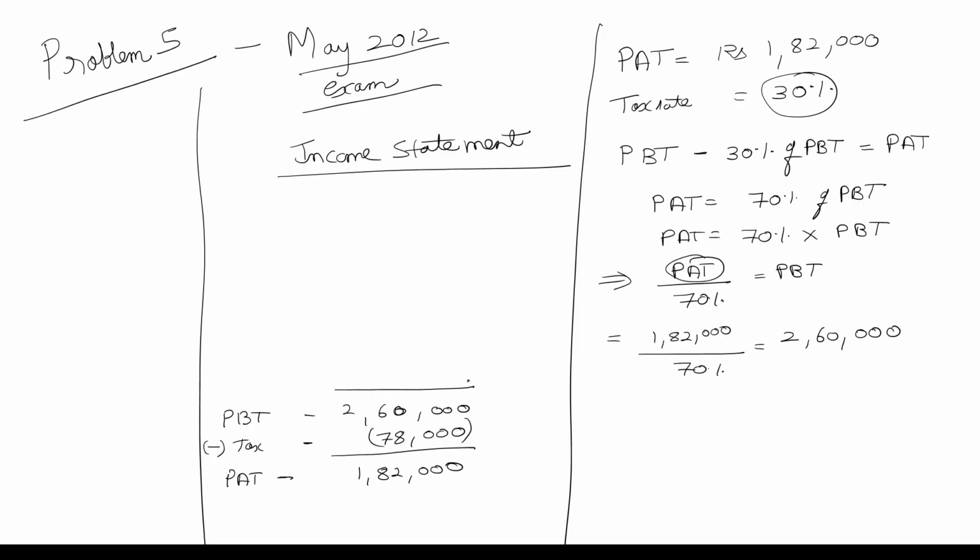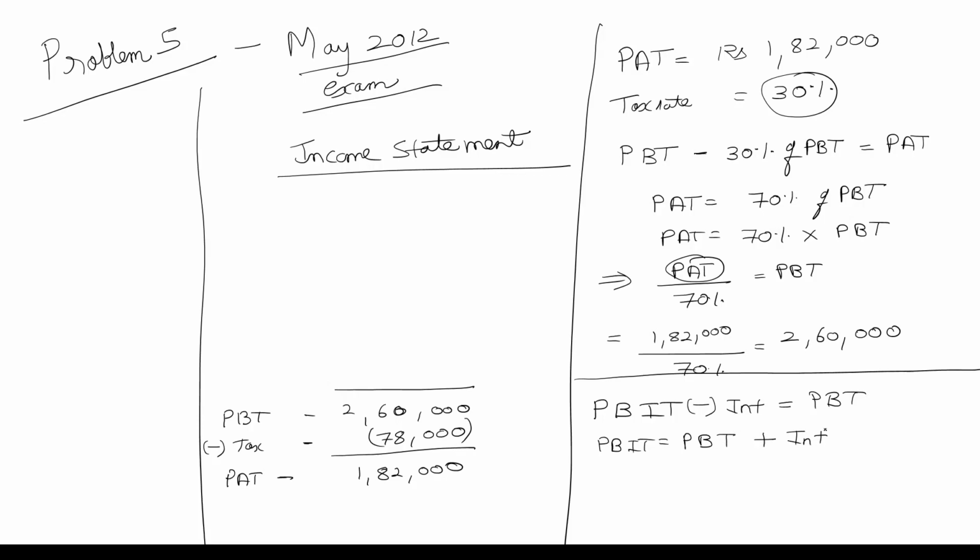Now, I have the PBT, and that is 2,60,000. PBT itself would have been calculated as PBIT, profit before interest and tax, which is also earnings before interest and tax, minus interest. So my profit before interest and tax is equivalent to profit before tax plus interest.